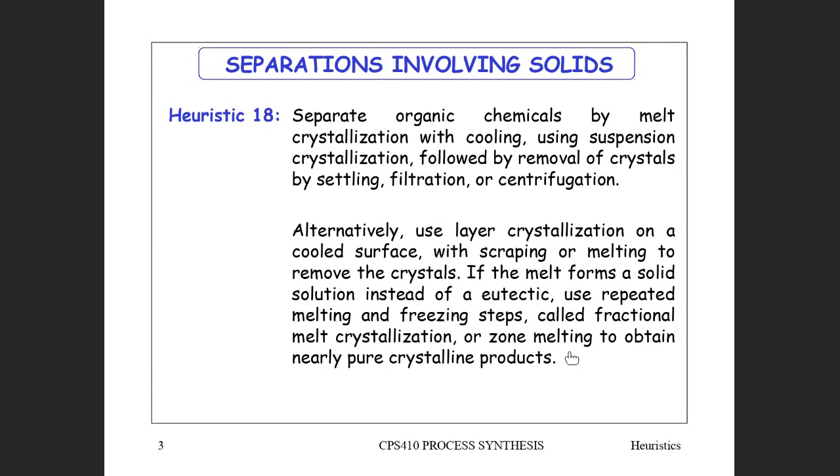You drain the liquid, you scrape off the solid that's frozen on the wall, and that is a different concentration to the rest of the liquid that you've drained. And then you can just carry on doing that several times, and the more times you do that, the more pure your separation becomes.